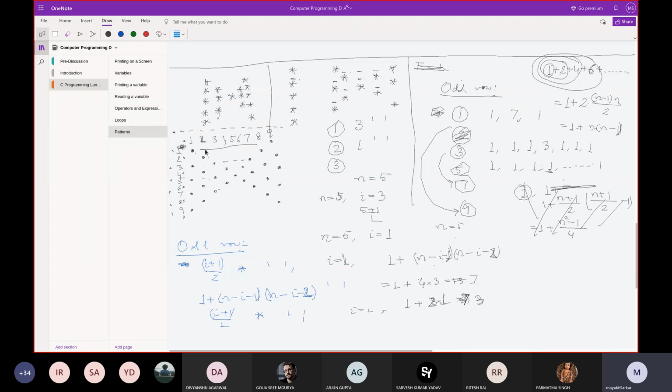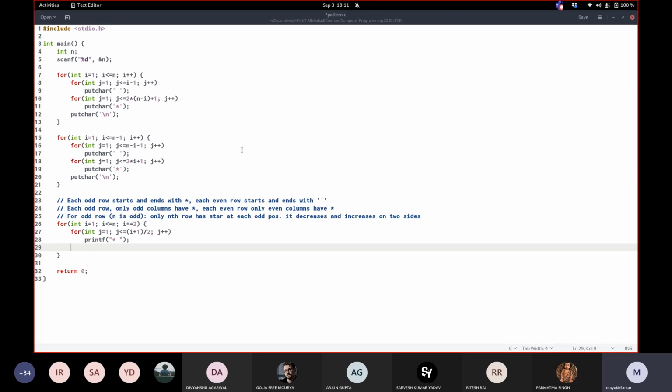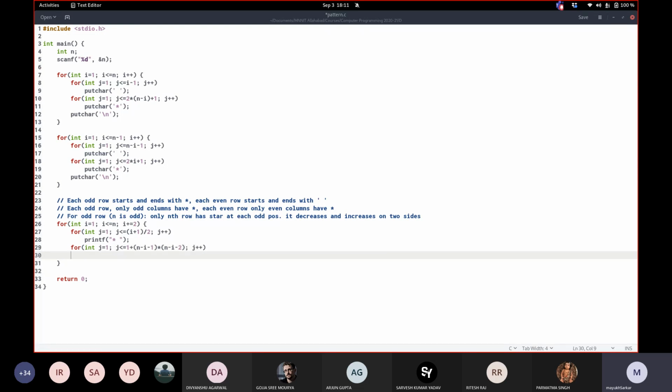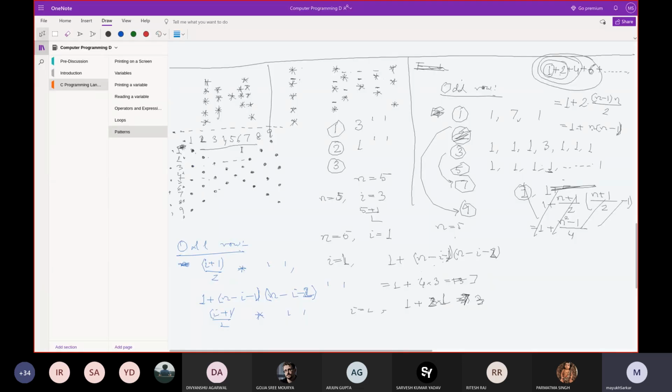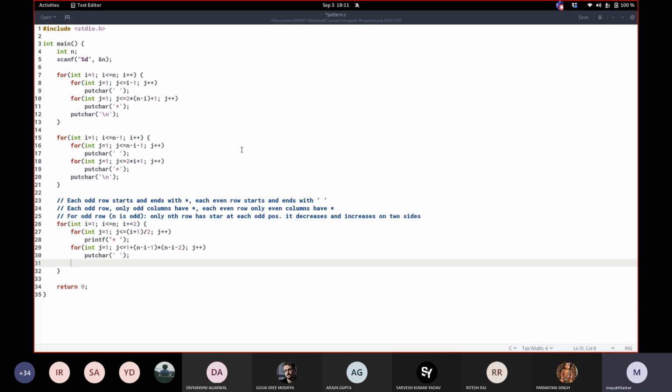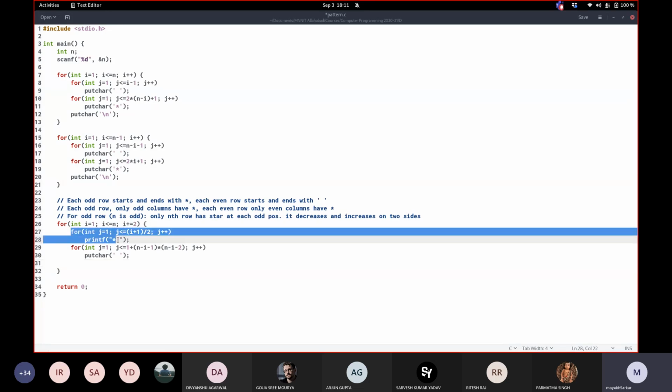If I give an extra space here, the number of spaces here in fact is reducing. And then it comes here again.